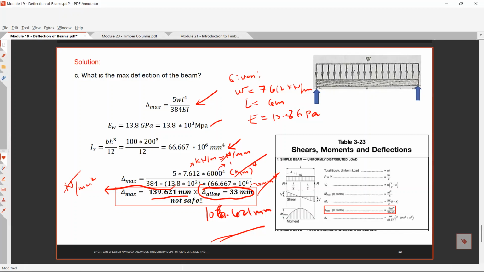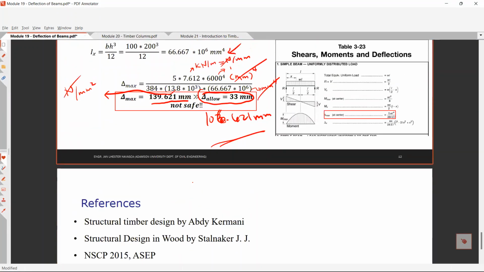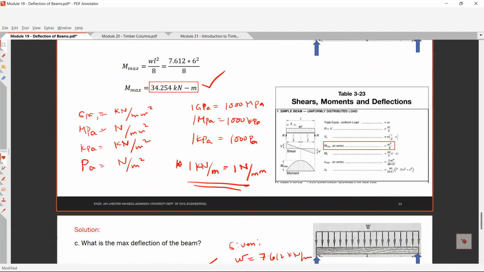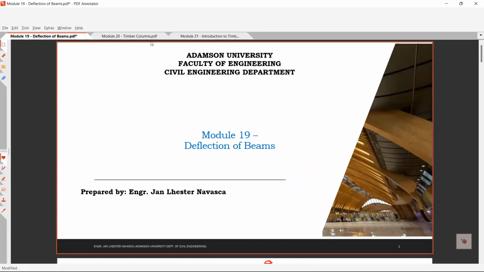Okay? So that's it for the deflection of beams. Any question? So sa deflection of beams? Okay. So medyo straightforward lang yung discussion dito. Any more questions before we proceed to next module or next topic? Okay, again, sa pagde-design ng beams, kailangan mong i-consider yung strength and serviceability requirements.